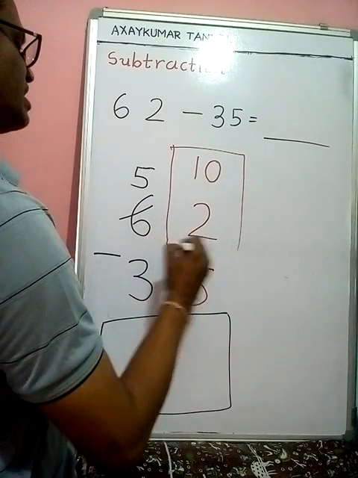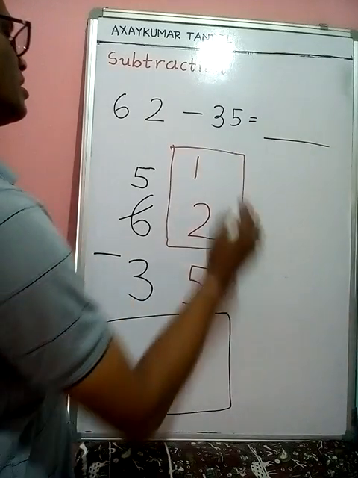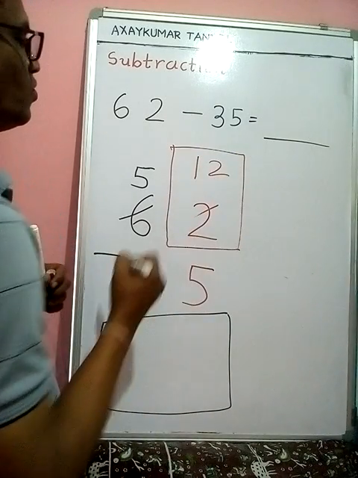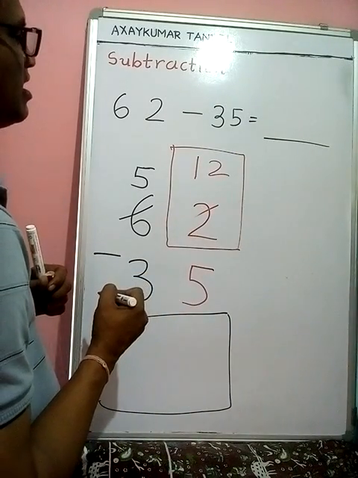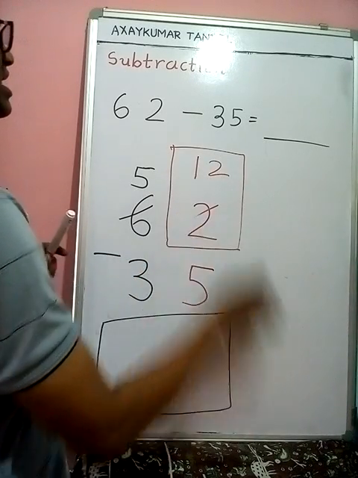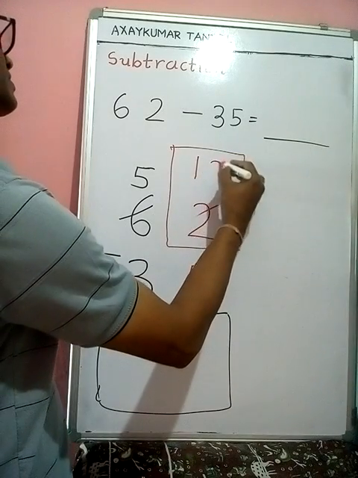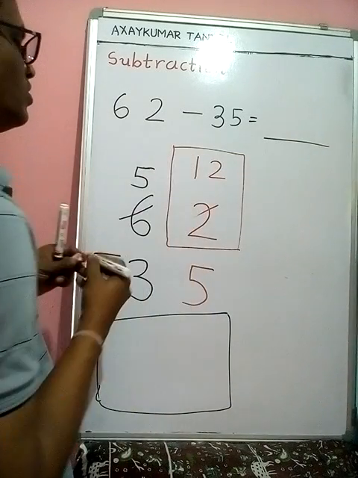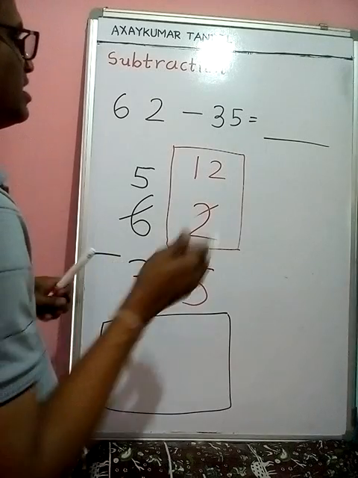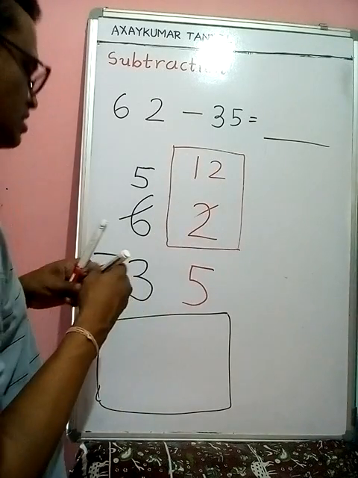This combination makes 12 and we cut 5. Now we subtract 5 from 12.